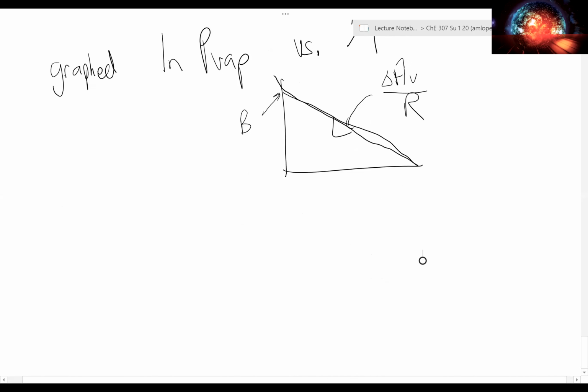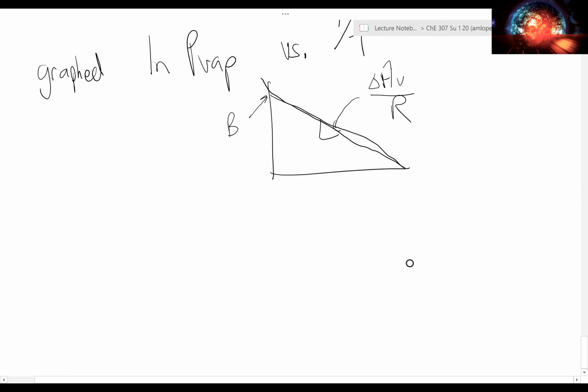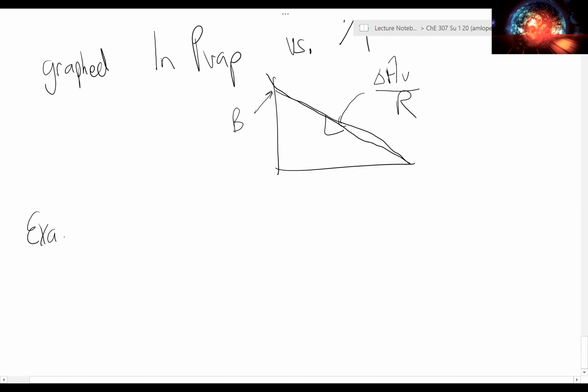So let's look at a quick example using this equation. It's from the book and on the lecture. Based on this data, estimate the latent heat of vaporization and B value for an unknown substance, and use the Clausius-Clapeyron equation to estimate the vapor pressure at 45 millimeters of mercury.